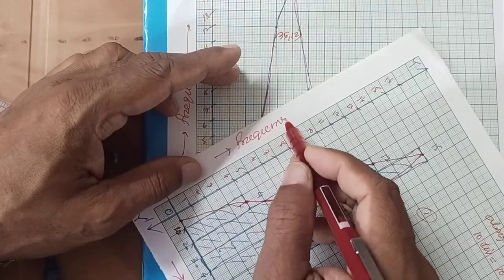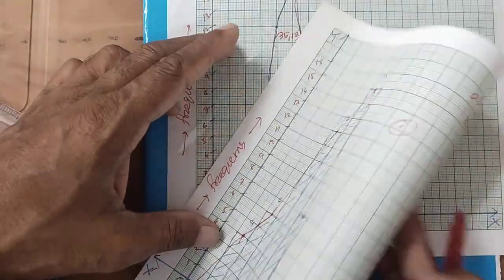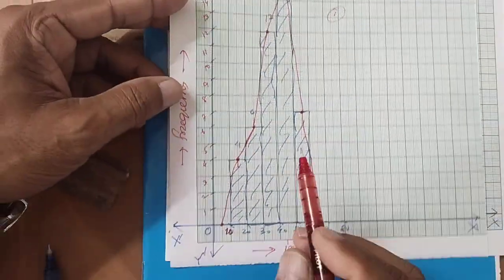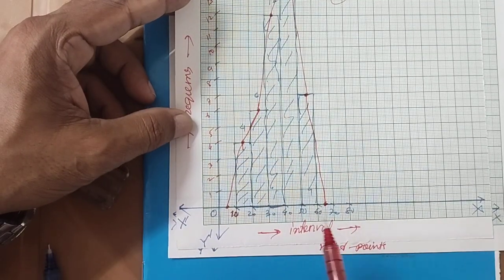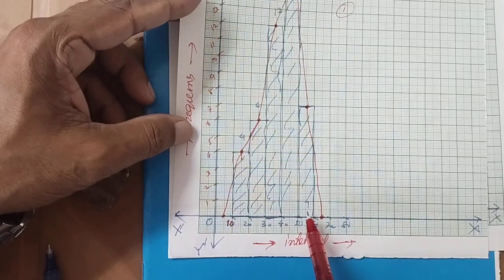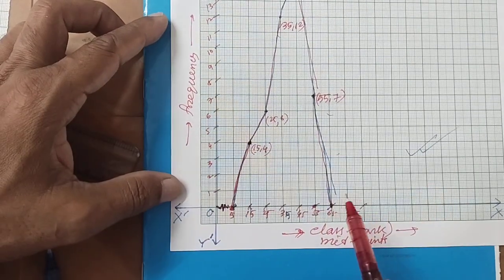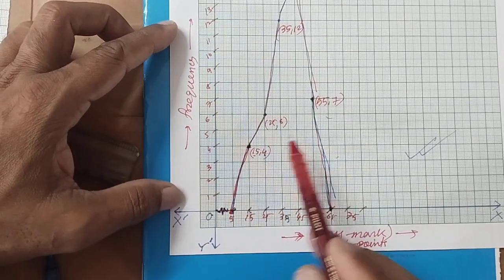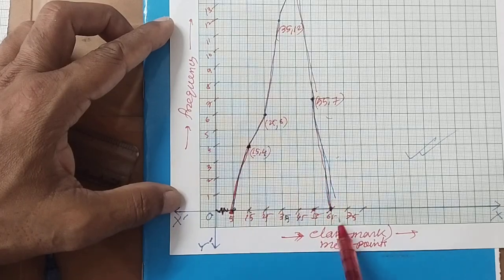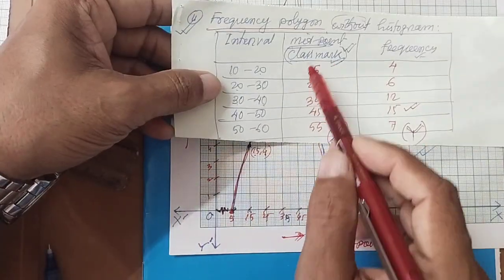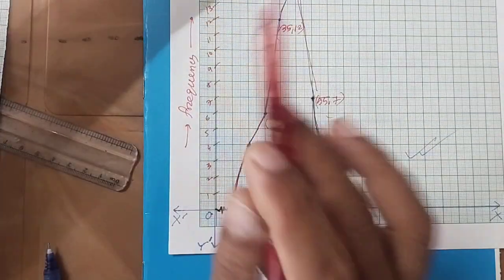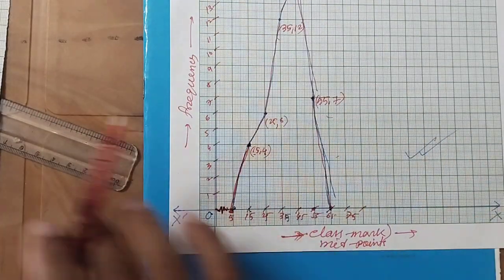You have to keep in mind that when you draw a frequency polygon with a histogram, along the x-axis we represent the interval, not the midpoint. For a frequency polygon without a histogram, along the x-axis we represent the midpoint. That is why in the second case we found the midpoint. Along x the midpoint, along y the same frequency as in the previous case.